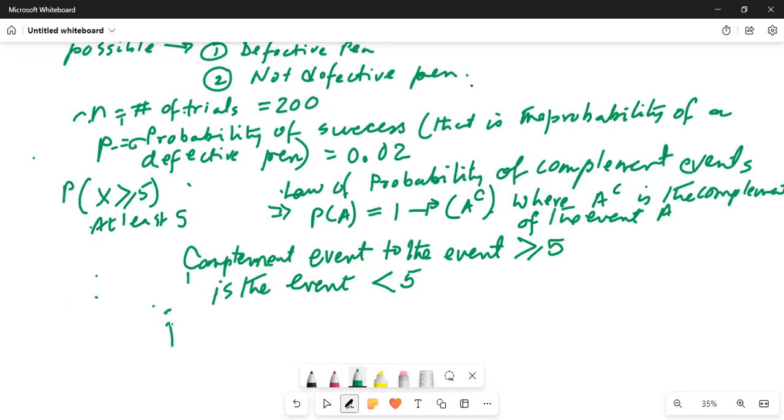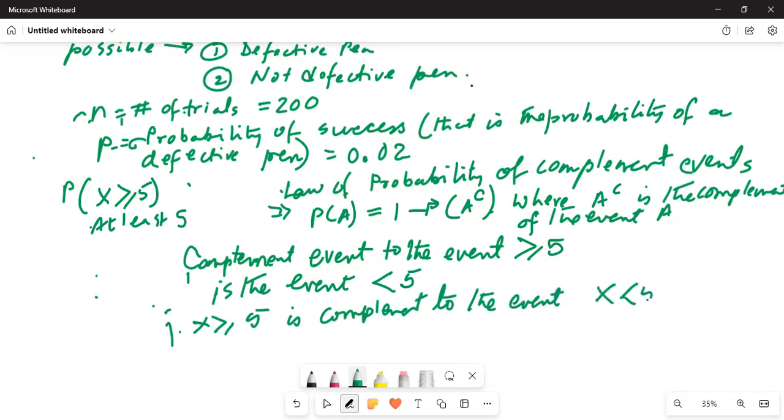So X greater or equal to 5 is complement to the event X less than 5.